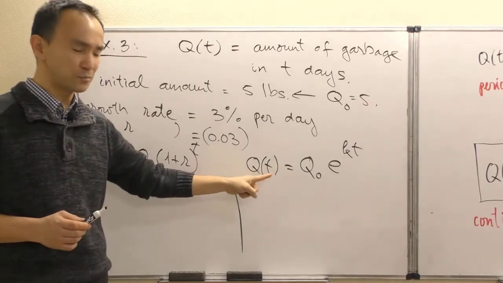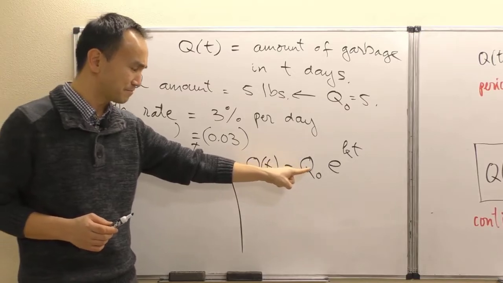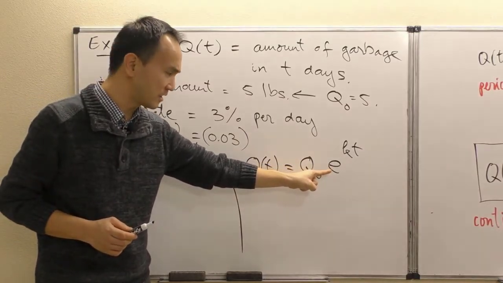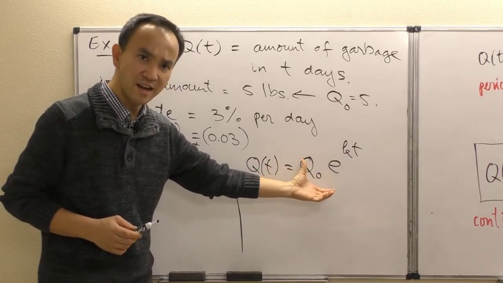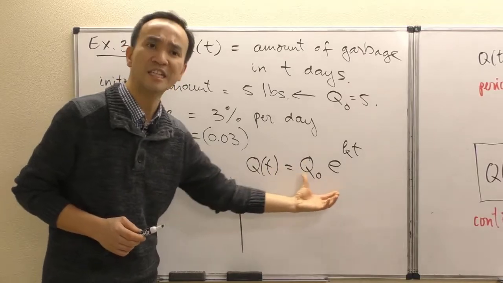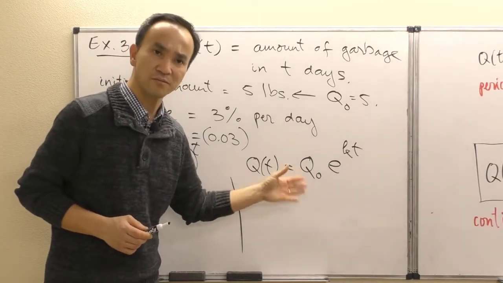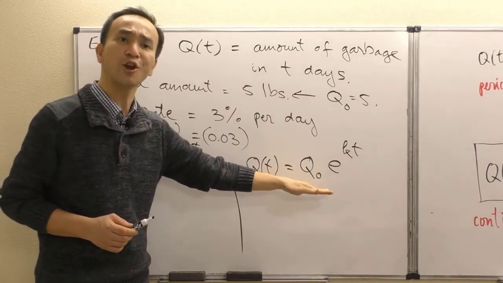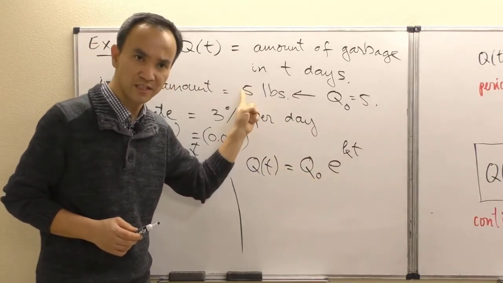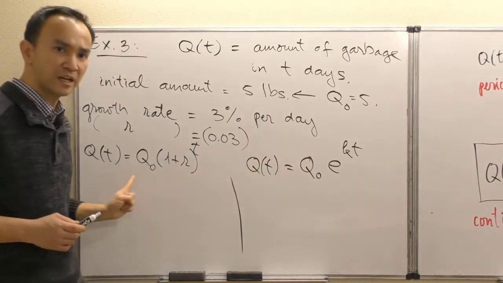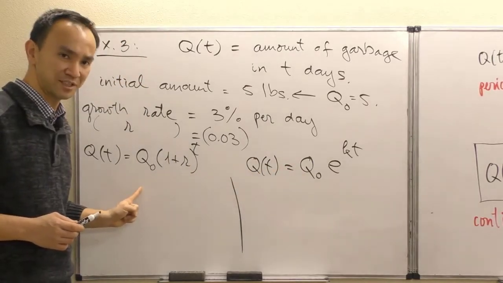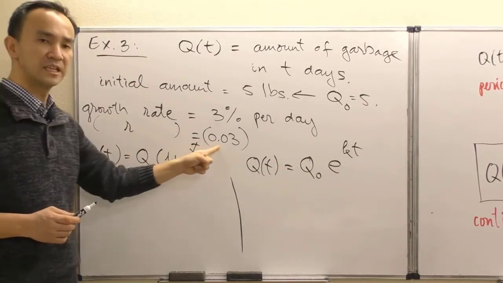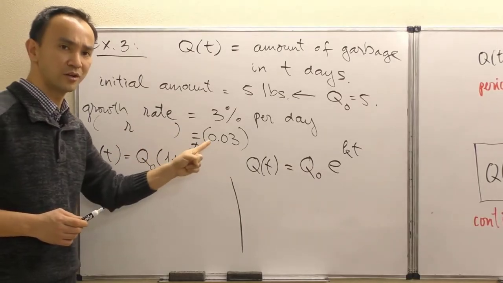Whereas here, this model has base e, and this is what we call the continuous growth model. So I'm not saying that from this information we cannot get to that, but it takes a longer route to get from this information to that. That's why this one here is a lot more direct, because r is already given immediately. r equals 0.03 already.